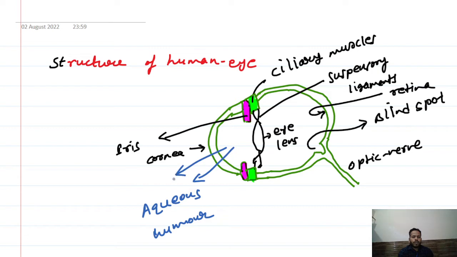And this is called pupil. The central part of the eye is called pupil. Okay, and the liquid which is present in between the eye lens and the retina is called vitreous humor.